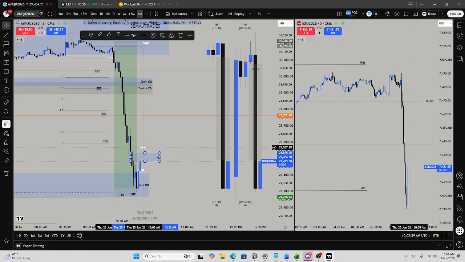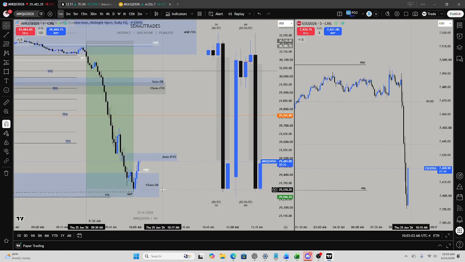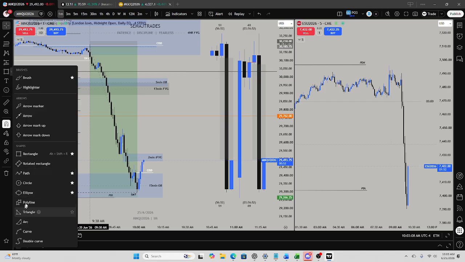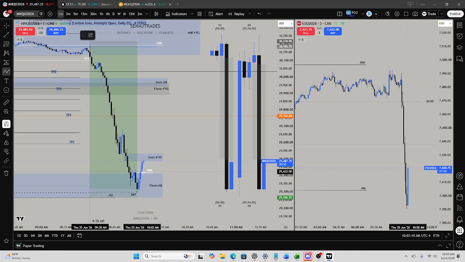We can anticipate this 2 minute inverse fair value gap. Could see something like a break of the CISD, tap of this 2 minute, go back higher, fill some of these imbalances that we have.